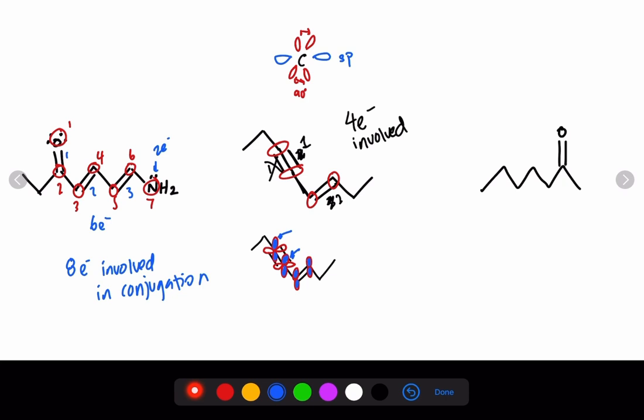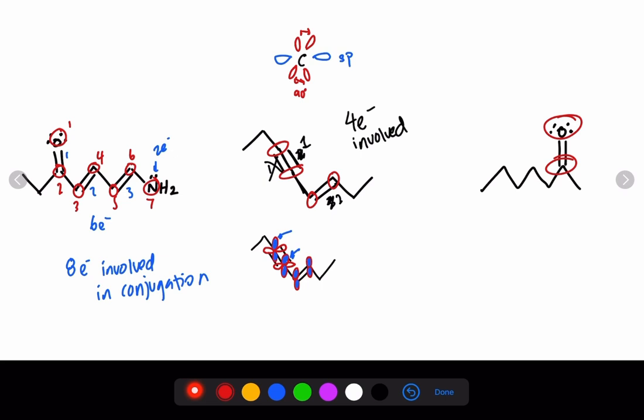For this last molecule, let's circle how many sp2 atoms are connected. I don't see any sp hybridized atoms here. Before that, I'm going to draw in my lone pairs for the oxygen, and I see this oxygen and this carbon. Now, it might be tempting to say this molecule is conjugated with 2 electrons involved because there's a pi bond.